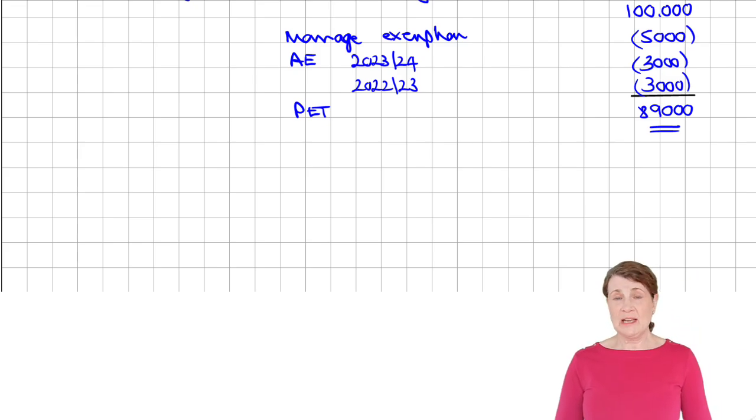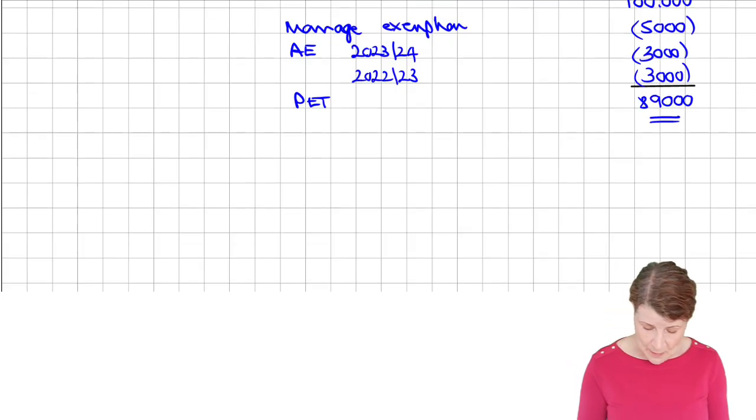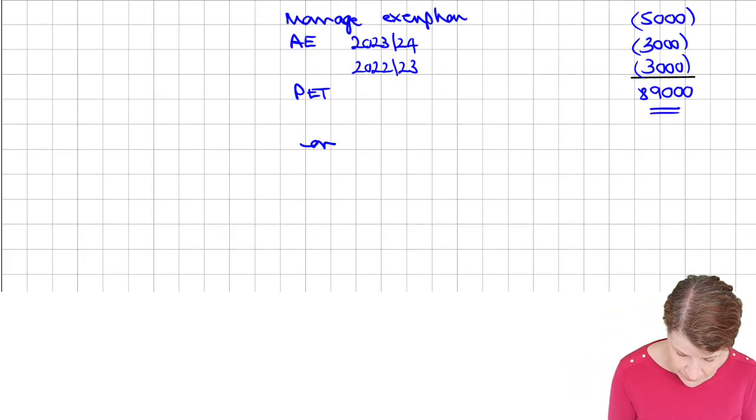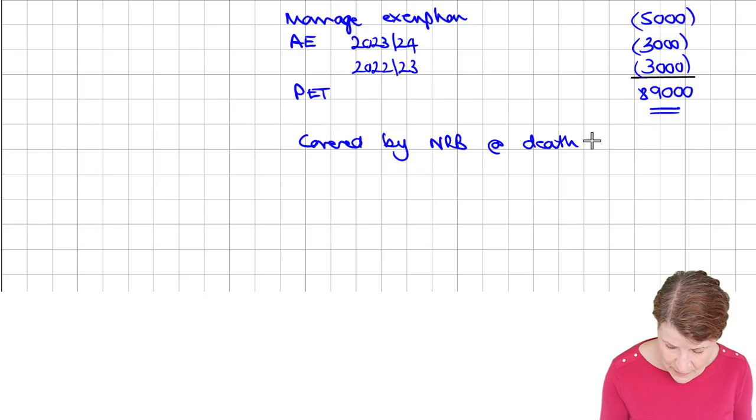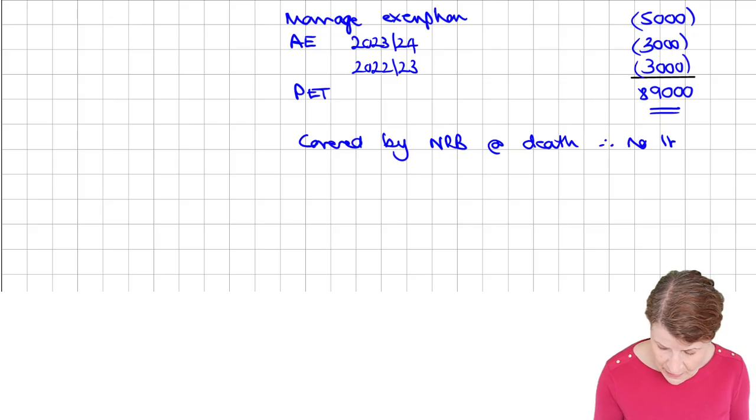Obviously there was no tax to pay during lifetime, and there's going to be no tax to pay on Hamish's death either, because it's covered by the nil rate band at death, so therefore there is no IHT to pay.